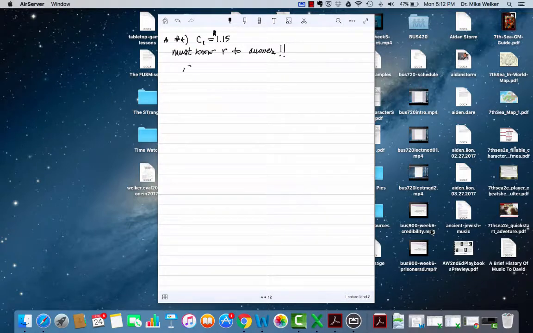So for instance, if R is 10%, case 3 has $1, and it grows by 10%. It grows to $1.10 by time period 1.